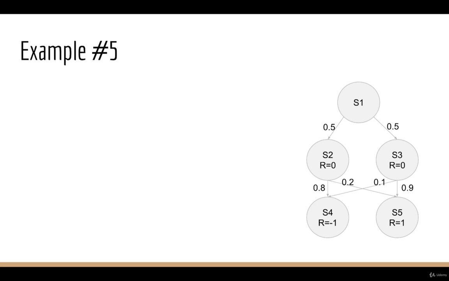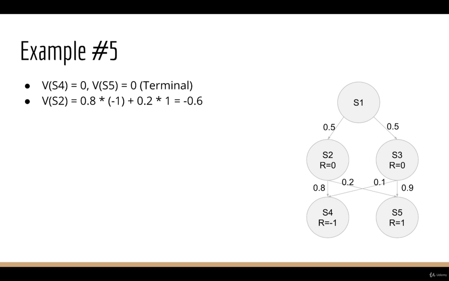Firstly, we know that V of S4 and V of S5 are 0, since they are both terminal states. Second, we can calculate V of S2 and V of S3, just from the rewards, since we know the next state must be terminal, so we don't need to use the full Bellman equation. So V of S2 is 0.8 times -1 plus 0.2 times 1, which is minus 0.6.